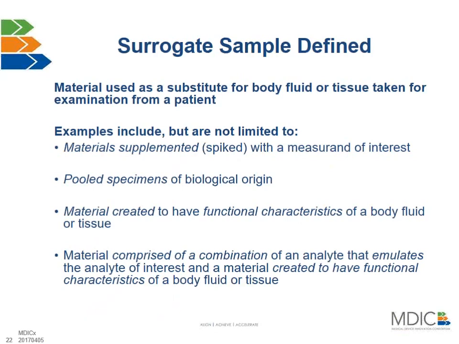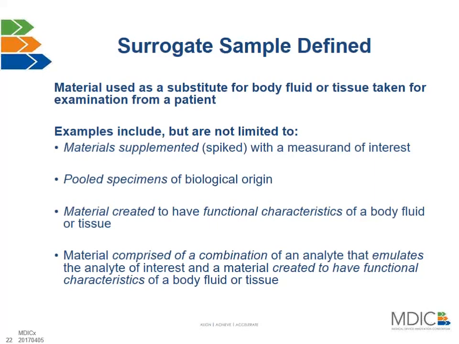We conducted a search of relevant standards such as ISO standards and CLSI standards, as well as FDA guidance to locate a definition. When we were unable to locate an existing definition, we developed this definition based on collective experience and accepted definitions of related terms, such as biospecimen and surrogate material, which can be found in existing standards.